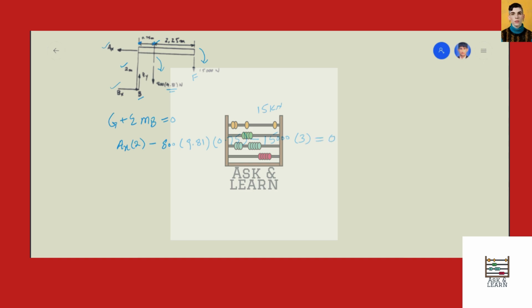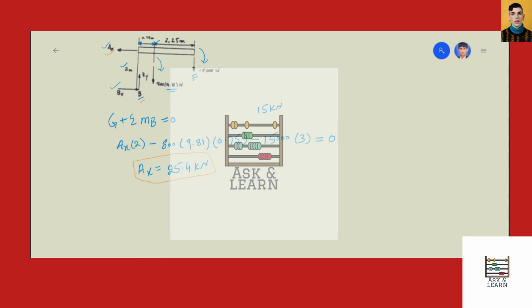After solving this, the reaction at point A, the reaction at the first bearing, is 25.4 kilonewton. This is the reaction at this point, and we need to find the reaction at this point also.